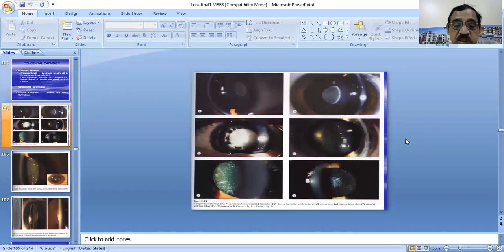And this is again congenital cataract. This is nucleus cataracta pulverulenta, with a powdery-like appearance. The second one is a lamellar cataract. And the third one is a dense lamellar cataract with riders. And this is a coronary cataract.